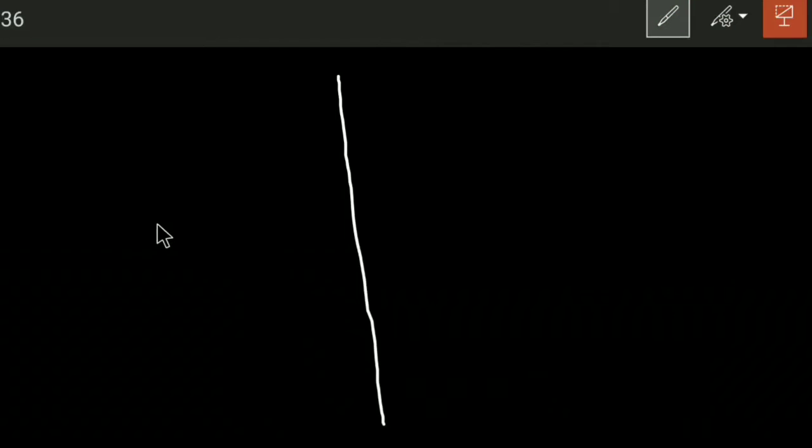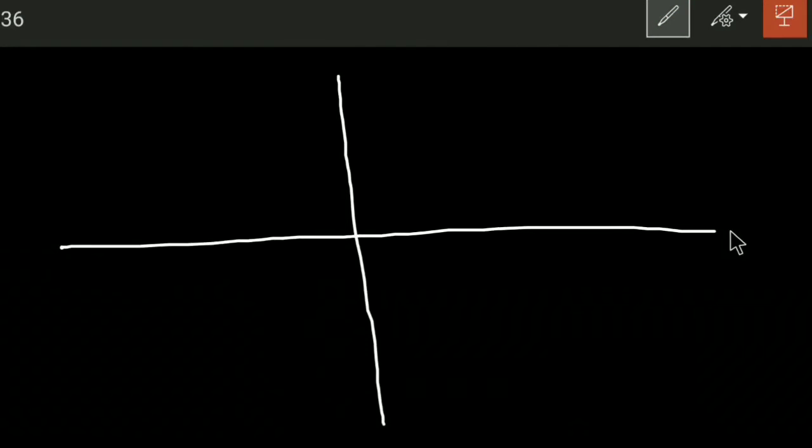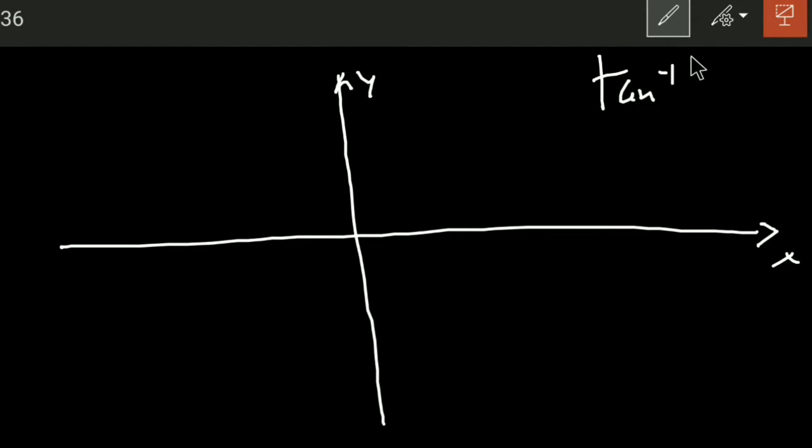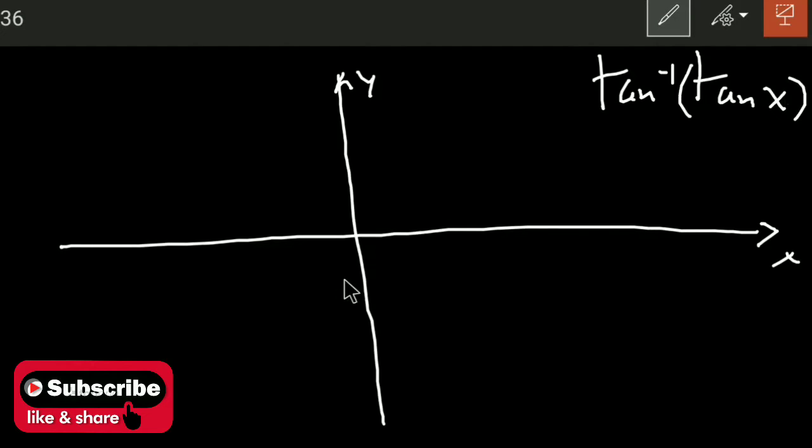Here is the y-axis and here the x-axis. Now let's draw the graph of tan inverse tan x. How to draw tan inverse tan x? Let me recall: that is the line y equal to x in the domain of minus pi by 2 to plus pi by 2.